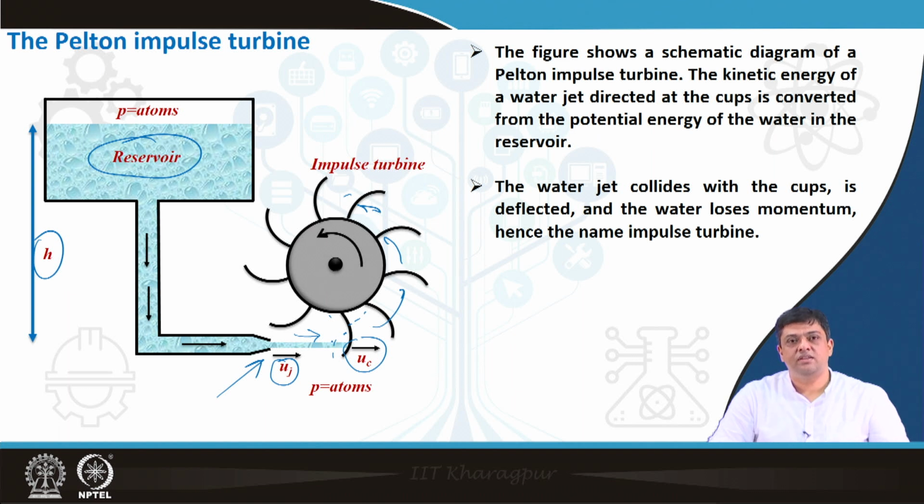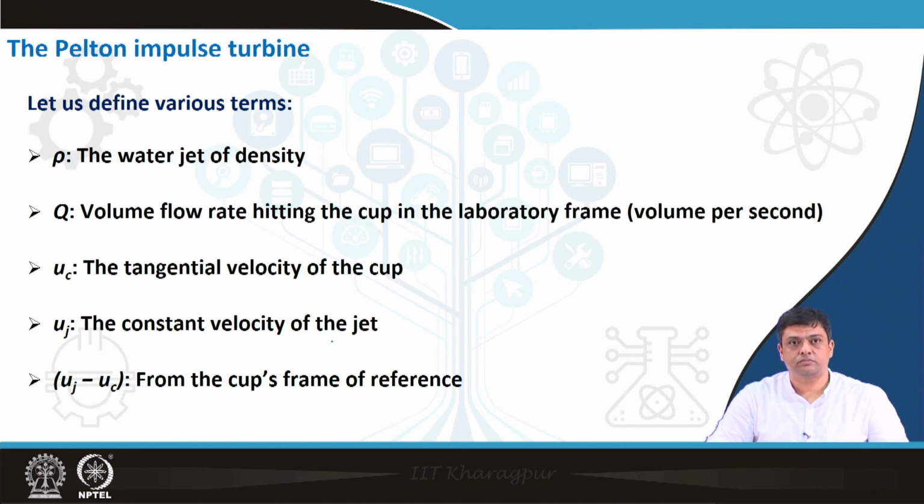And this is why it is called an impulse turbine. So, let us define various terms in impulse turbines which are related to the mathematics which we will perform in the next few slides. Rho, the density of the water or the fluid coming down.